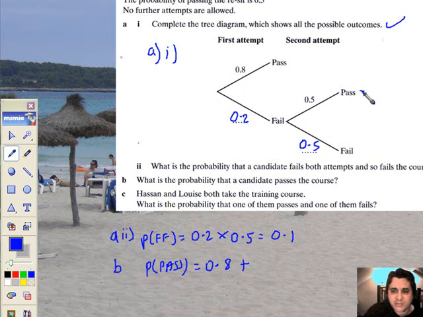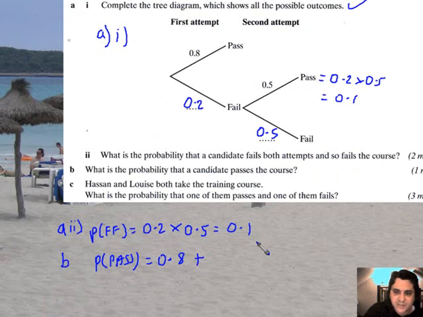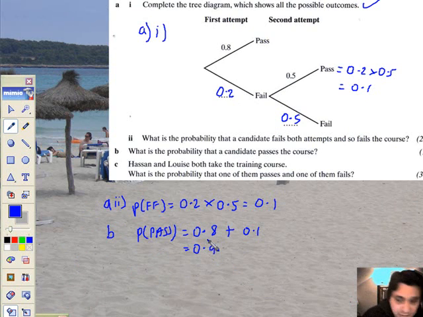So 0.2 times 0.5, let's write it up here, is going to give us 0.1, isn't it? So I can add on my 0.8 for passing first time round onto my 0.1 from passing the second time round, and that will give us 0.9. Okay, good chance of passing one way or the other on the first or second attempt.